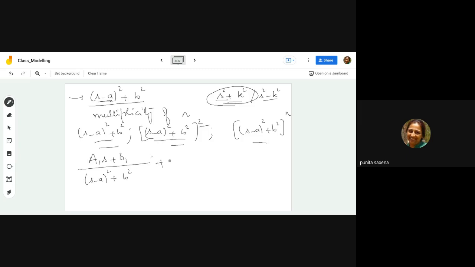Similarly, if it's of multiplicity 2, then you will have A2s plus B2 upon s minus a square plus b square whole square, and so on and so forth. In case it's of multiplicity n, then we'll have Ans plus Bn upon s minus a square plus b square to the power n. Now, is this clear? If you have linear factors or quadratic factors but of multiplicity n, right?